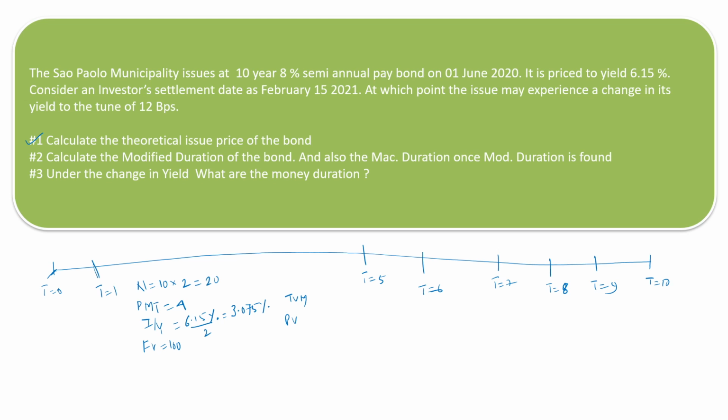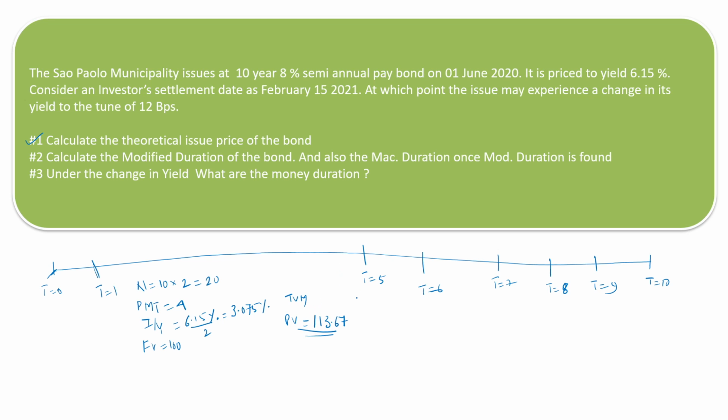Oops, something's not quite right with my calculator. Yeah, so it comes out to be, we were right, 113.67.